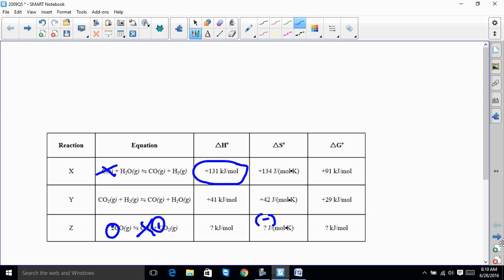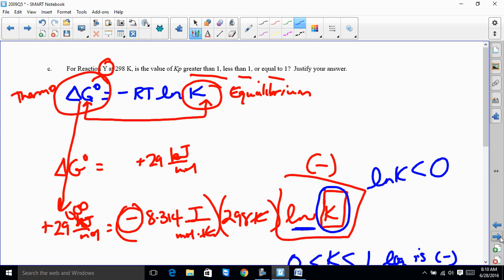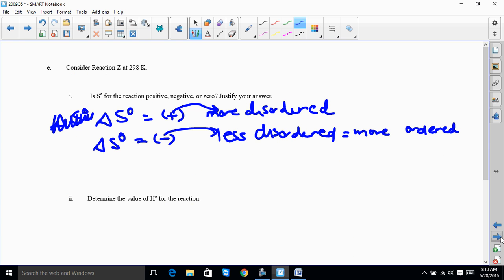And so when we go back to this problem, they used to love this question. Is delta S for the reaction positive, negative, or 0? Justify your answer.